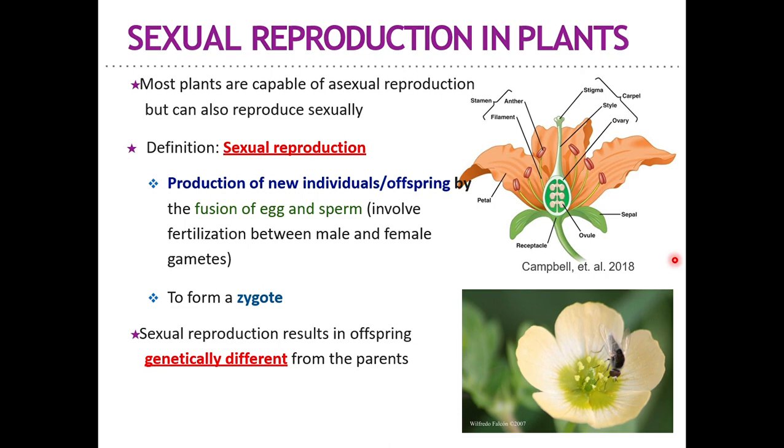Gametes are haploid, with only half of the genetic copy. When egg and sperm fertilize, they form a zygote, which is diploid, 2N. Sexual reproduction results in offspring that are genetically different from the parents because it involves a combination of genes from both gametes.